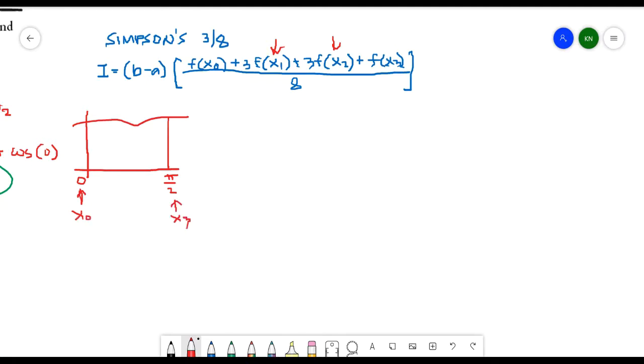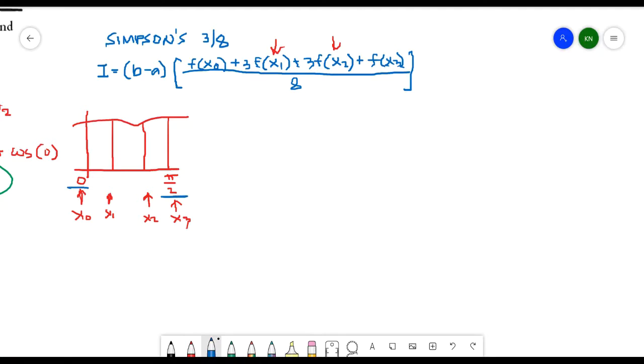Now what we need to do is find the value of our x sub 1 and our x sub 2. Now, how can we find the value of these if we only have these two values here, the upper and the lower limits?